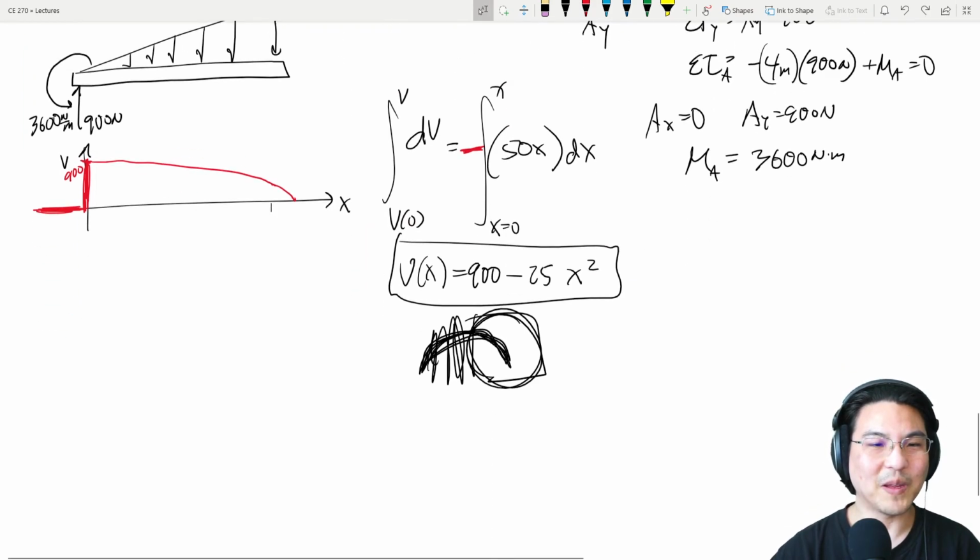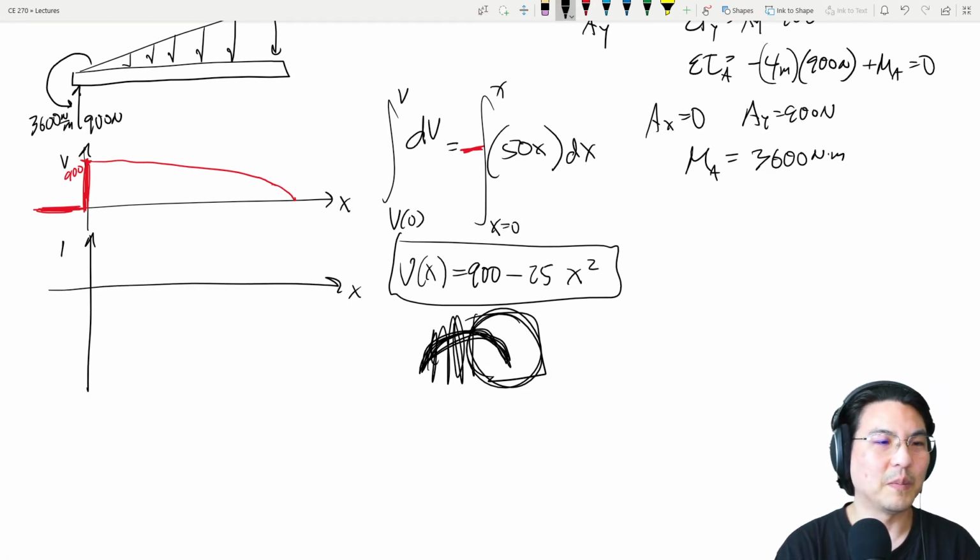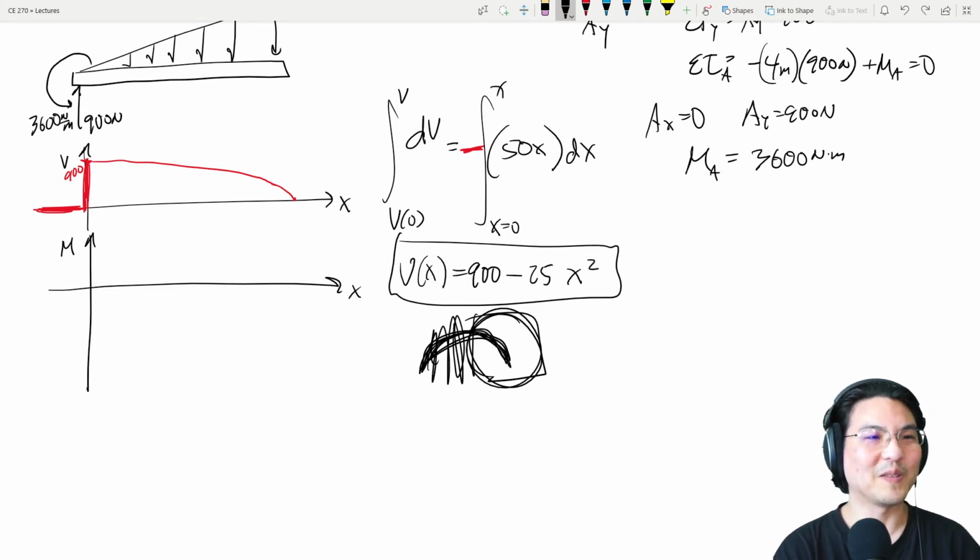How about the bending moment? Over here in the middle of nowhere, there's definitely nothing, right? So it's 0 over here. But then suddenly we encounter this couple, which is going counterclockwise.